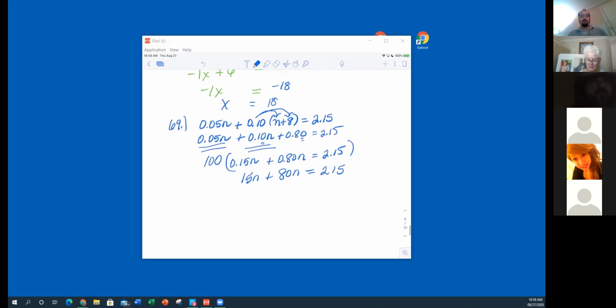And that's going to give me 95n equals 215. So n is 215 divided by 95. What's that come out to be? And that's going to be 43/19.